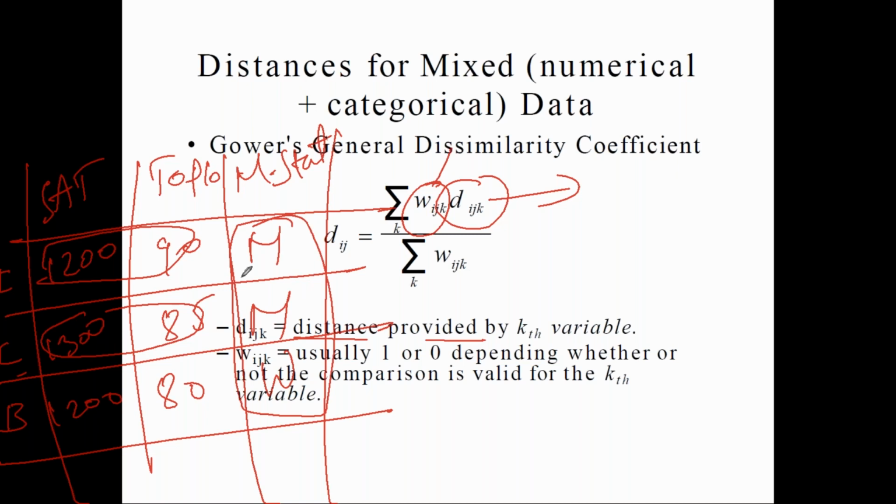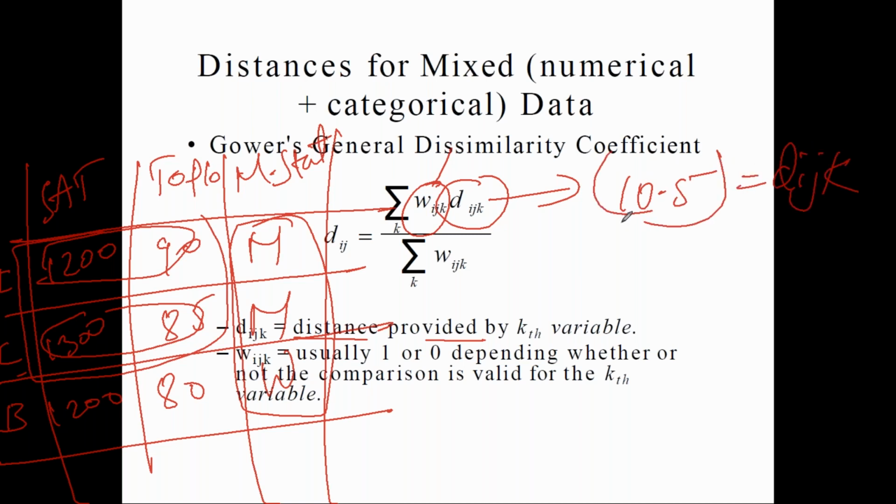Say I got a distance of ijk between Caltech and Cornell University for numerical data of around 10.5. That is your d of ijk. Now I need to calculate w of ijk. Consider the second one is widow, the third one is married.